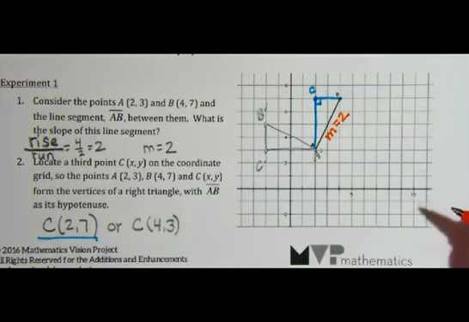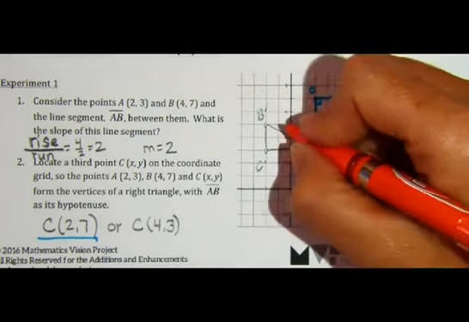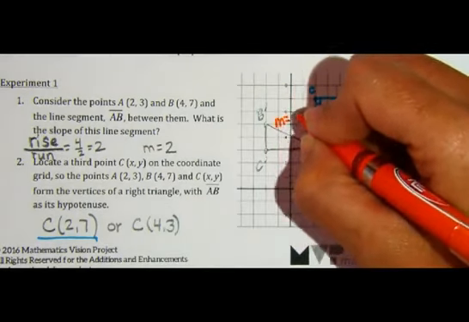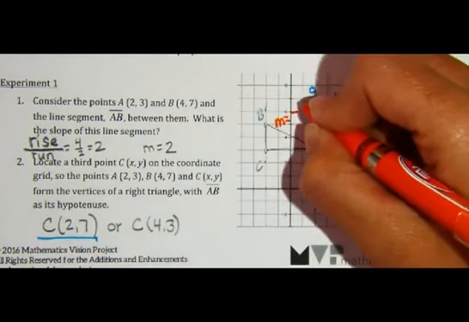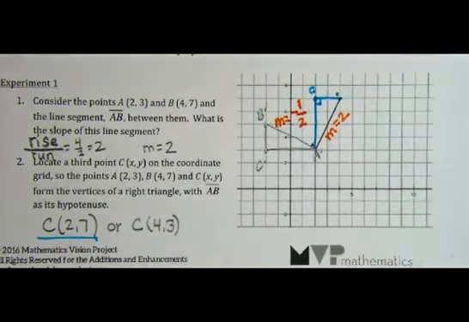So the slope of A', B' is -1/2. Since the slope of A', B' is the opposite reciprocal of the slope of segment AB, we know that segment A', B' and segment AB are perpendicular.